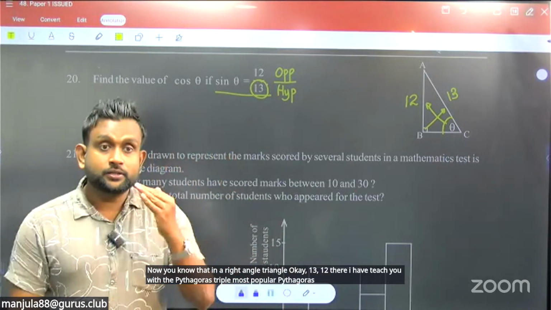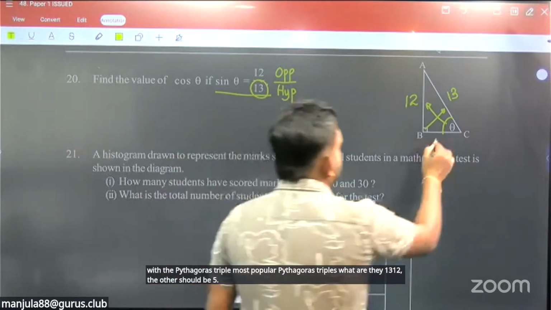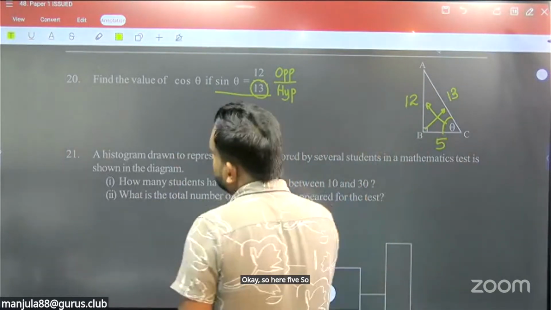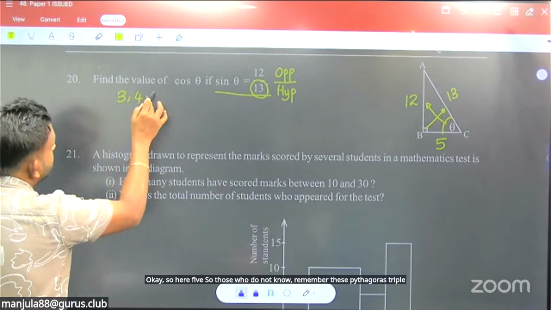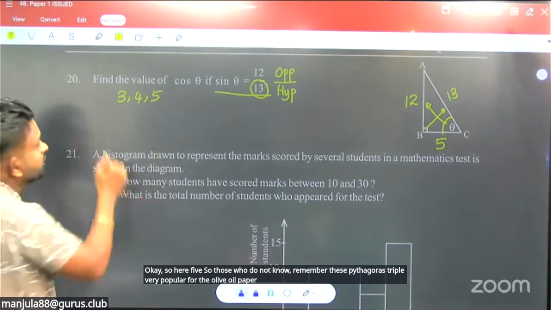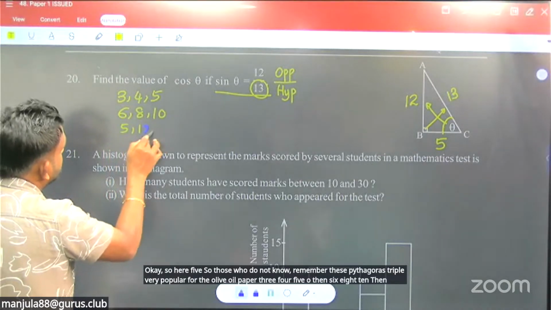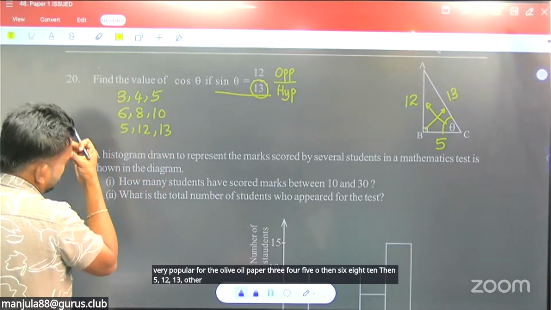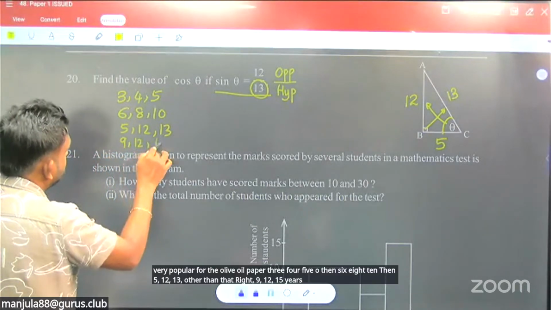What are they? 13, 12, the other should be 5. So those who do not know, remember these Pythagoras triples, very popular in the O-level paper: 3, 4, 5, then 6, 8, 10, then 5, 12, 13. Other than that, 9, 12, 15, as I can remember, are there.